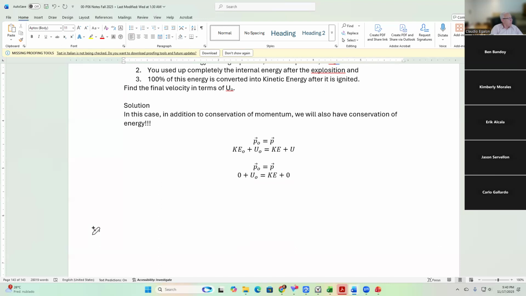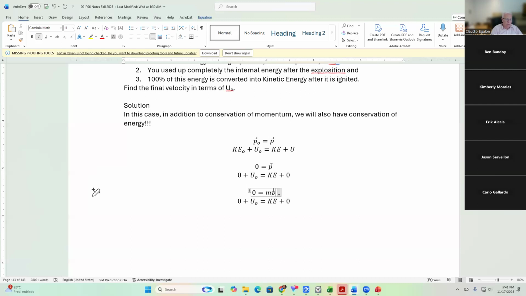That here is going to be 0, right? Because the object is initially at rest. They're the same math.